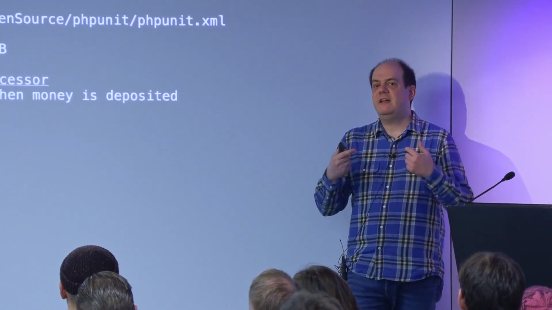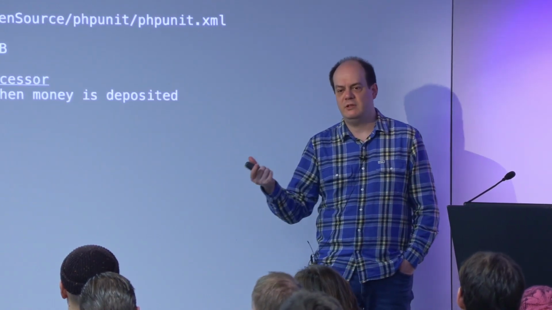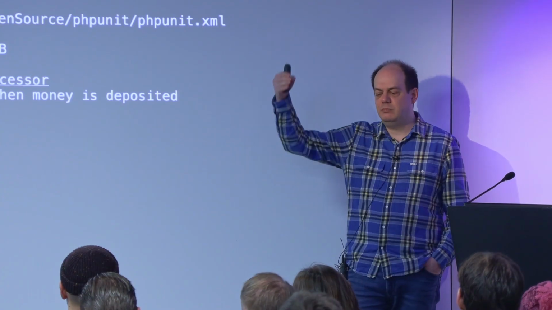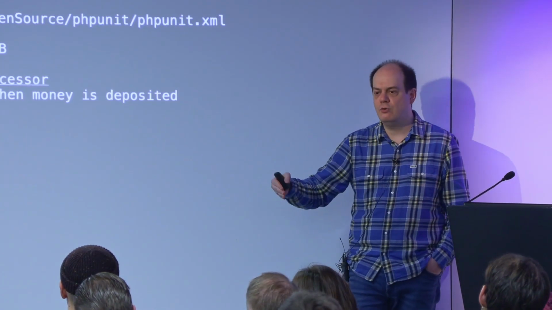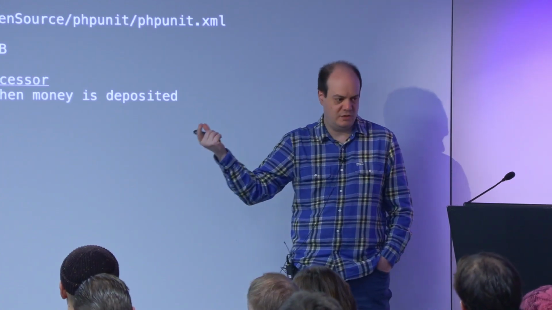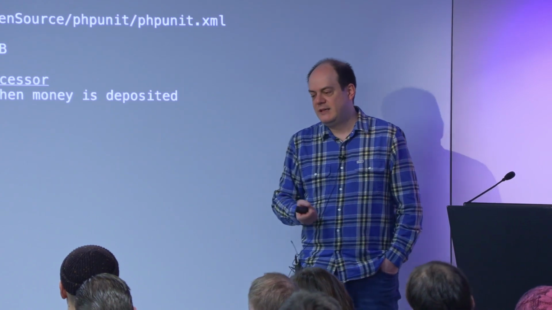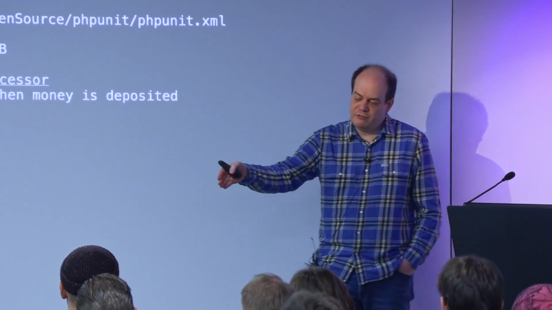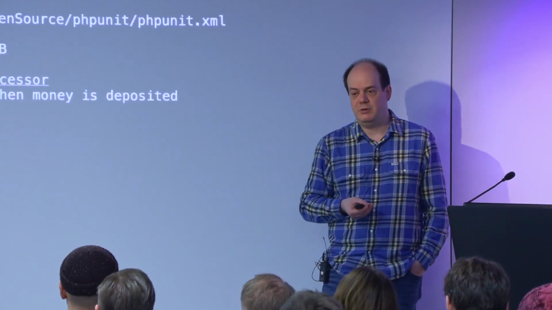So if you invest a little effort in coming up with a meaningful name for your test method, you get a nice bullet point list of everything that there is to know about a class such as deposit money command processor, right? So what we see from this test, it emits a money deposited event when money is deposited.